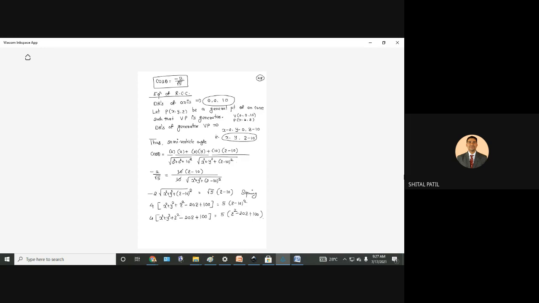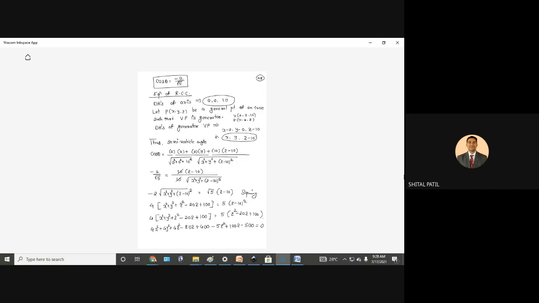Okay, simplify. 4x square plus 4y square plus 4z square minus 80z plus 400 minus 5z square 100z minus 500.